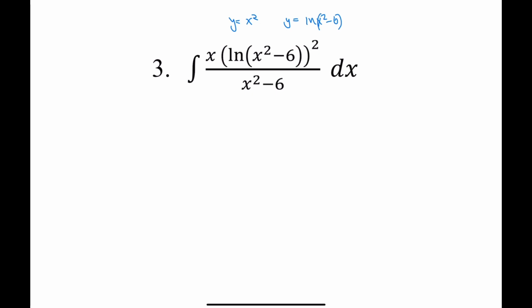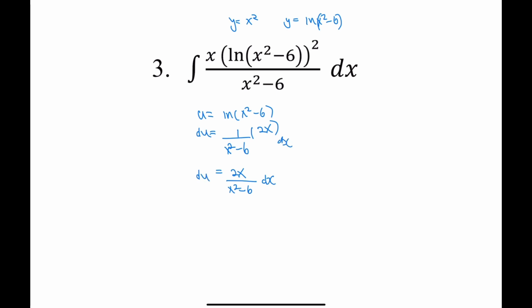So our u value is going to be u equals ln(x squared minus 6), right? And then du is going to be 1 over (x squared minus 6) times the derivative of x squared minus 6, which would be 2x, right? So chain rule. That means we get 2x over (x squared minus 6) and then dx. Forgot the dx here.